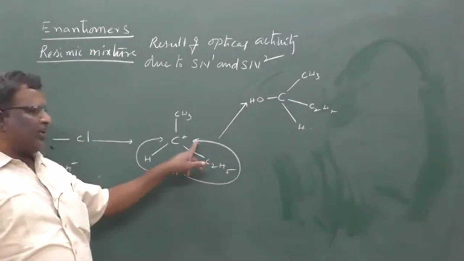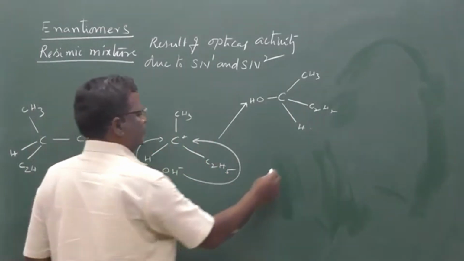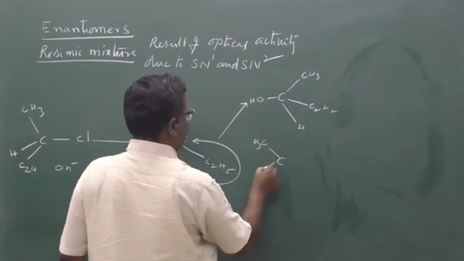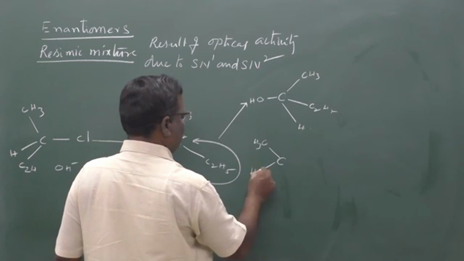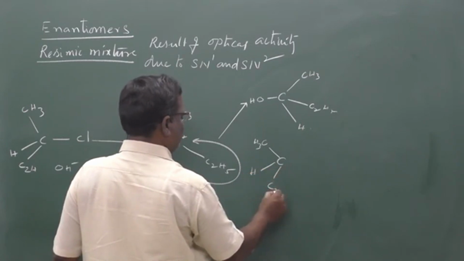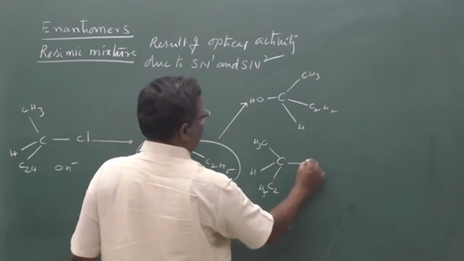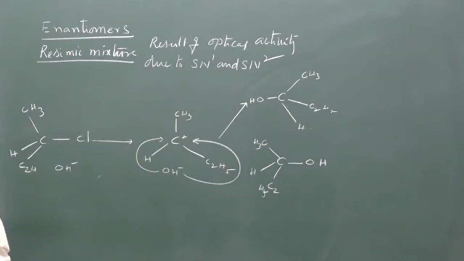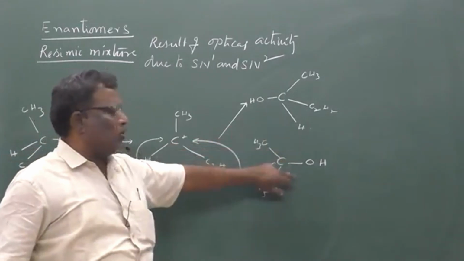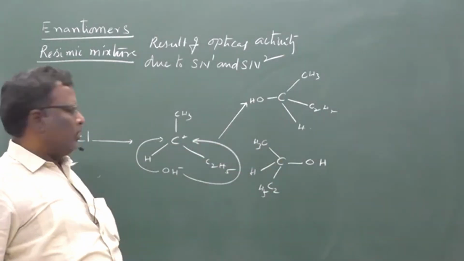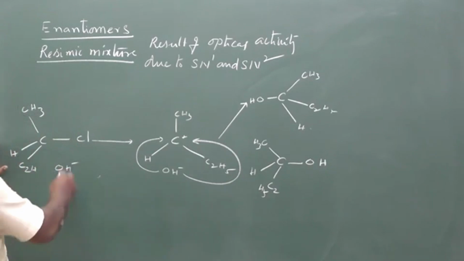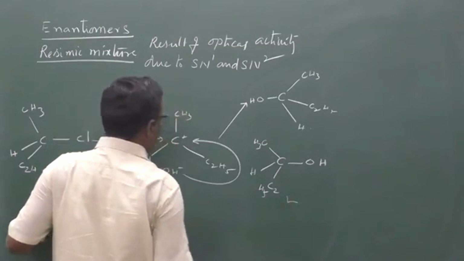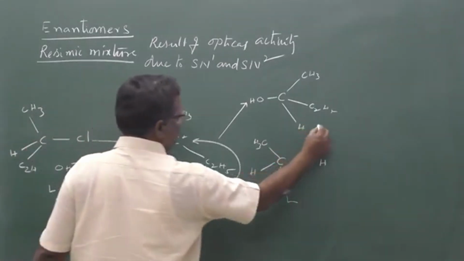If attack takes place in this other direction, there are two possibilities. These two are mirror images of each other. Now here, if this is L form, this is also L form, but this is D form.